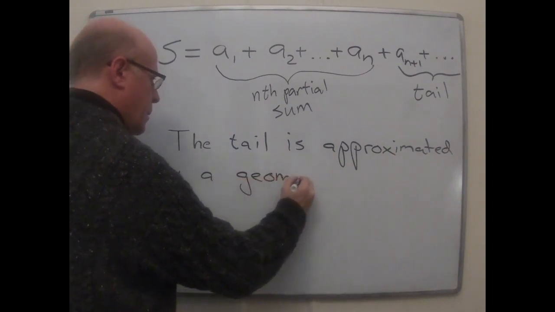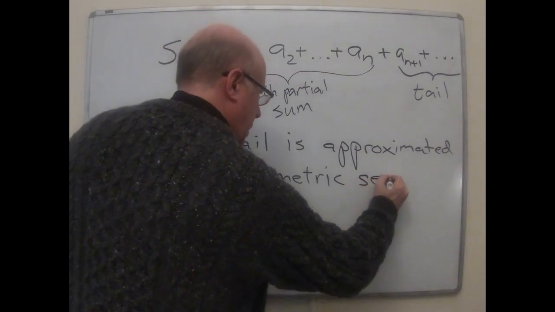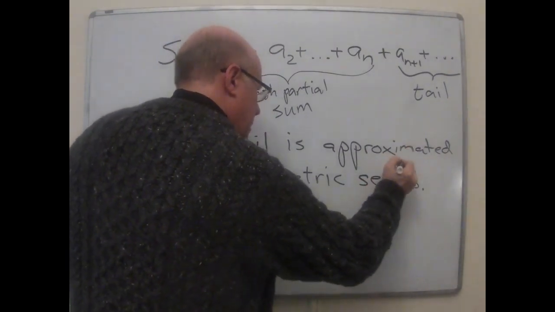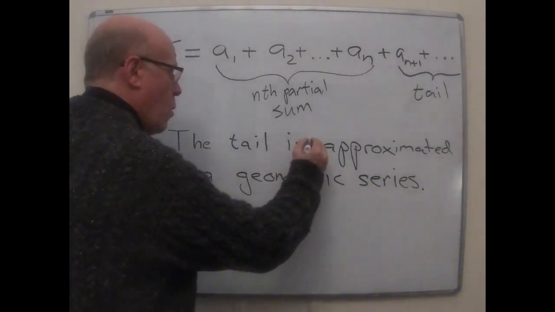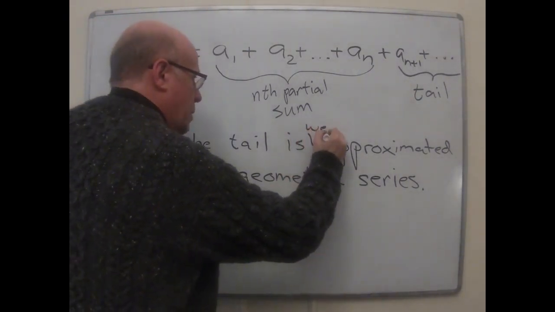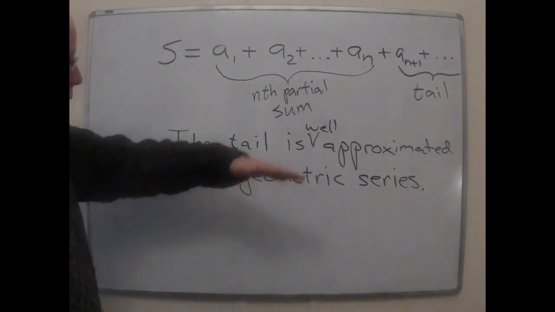Writing this out, but let me get to the end of the sentence and then I'll talk about it. Can't write and talk at the same time. The tail is, I should have said well approximated. It actually gets to be remarkably good later, the farther out you go.